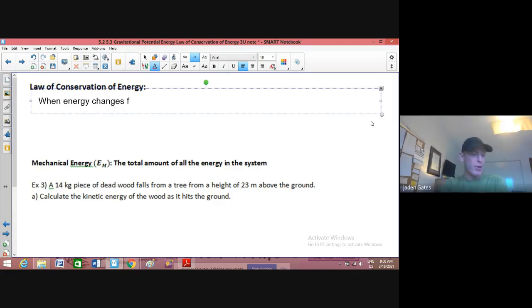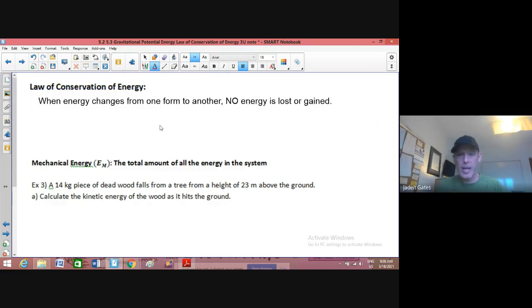And when energy changes from one form to another, here's the key, it's conservation. So no energy is lost or gained. All right, so no energy is being added here, we're just changing forms.